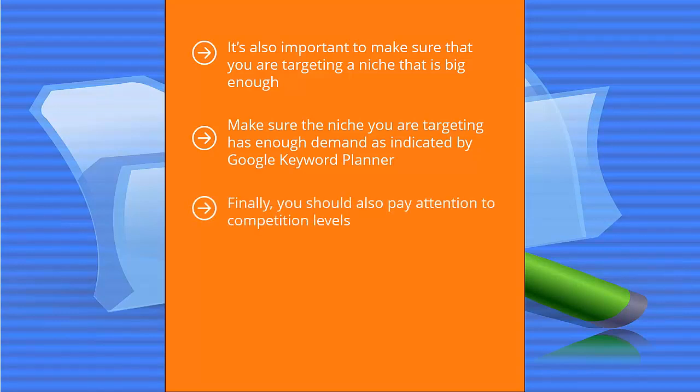Finally, you should also pay attention to competition levels. If you pick a niche that is extremely competitive, with gigantic brands monopolizing pretty much all the search volume for keywords related to that niche, you probably are going to have a tough time making inroads. You should look for a niche that is somewhat competitive, but not so competitive that there's absolutely no space for newcomers. How do you do competitive research?